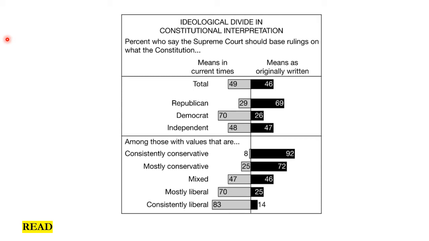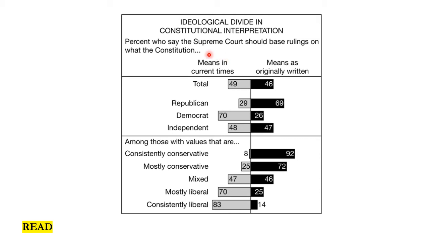Or in other words, when a judge makes a ruling, are they looking at the case and making the ruling based off of the current events of the time, right? Are they interpreting the Constitution as today's values would want it to be interpreted, versus interpreting the Constitution as strictly as possible, strict constructionist, as it is written? So this is going to be an ideology piece of data.